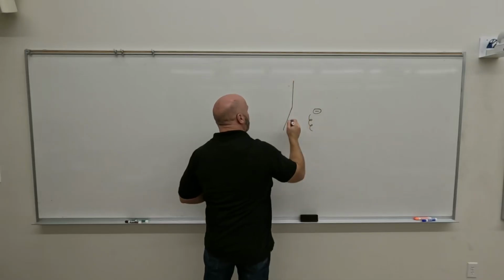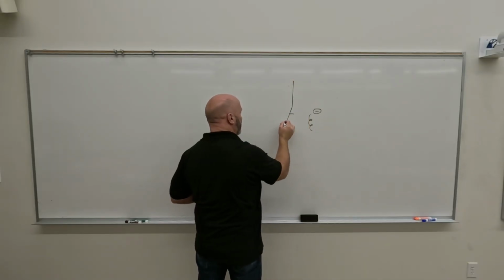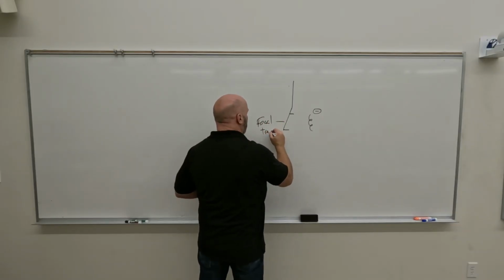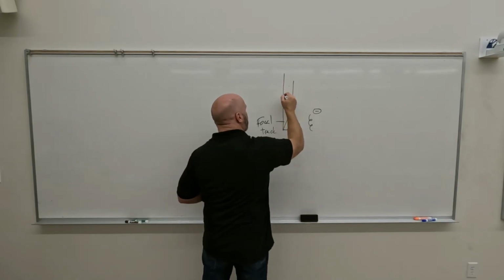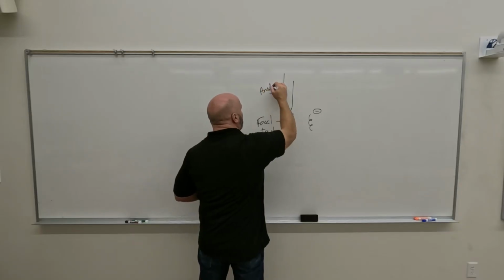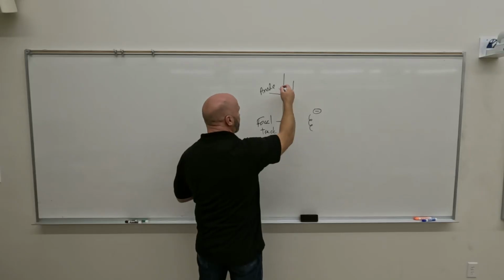And the anode includes not just the area of bombardment, which we're going to call the focal track, and not just the entire disc, which we're going to call the disc. And we generally refer to that, commonly, as just the anode itself, but it's more than that.